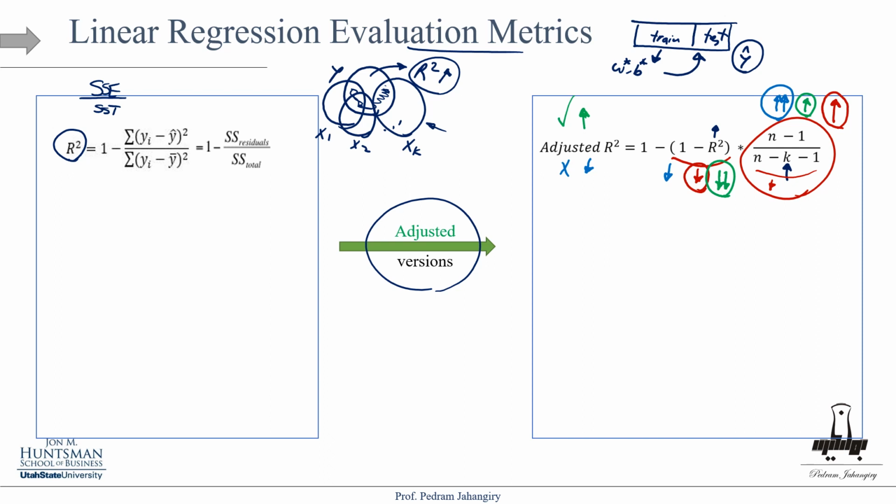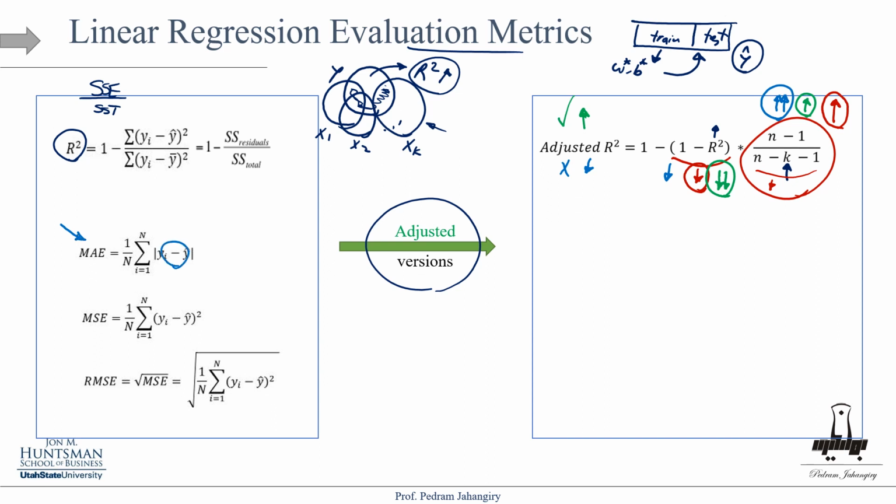What other metrics do we use in regression? The other metrics that are commonly used are mean absolute error, basically looking at the absolute version of errors and taking the average, and mean squared error. We talked about it in our loss function. And also the root mean squared error. We take the square root because the unit of root mean squared error is the same as the unit of the target variable.